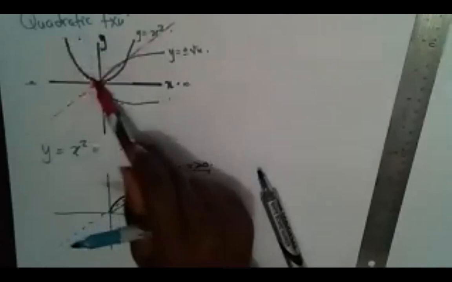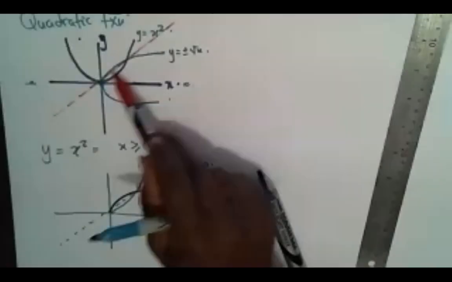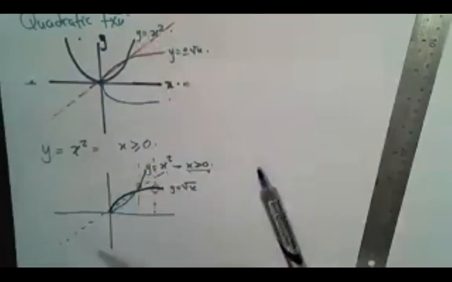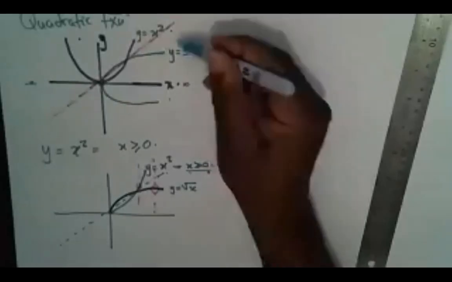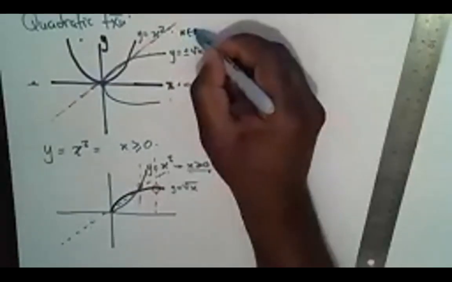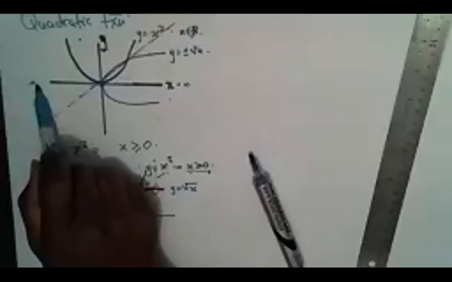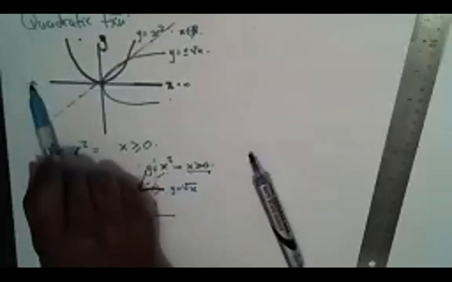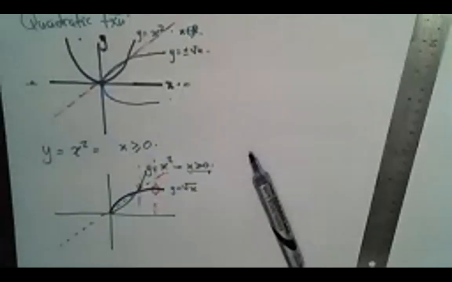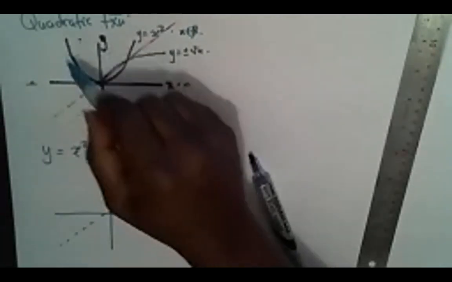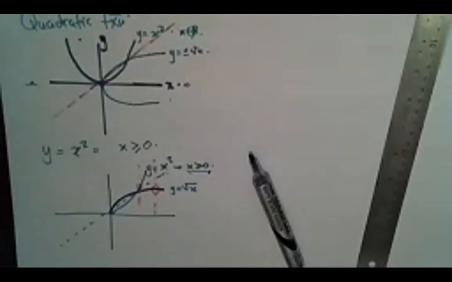Only the condition. Okay, I will repeat this again. We have a parabola, which is y is equal to x squared. And this one is x is an element of real numbers. It means x, I can take from any point from negative infinity to positive infinity. Then I can draw my graph, right?